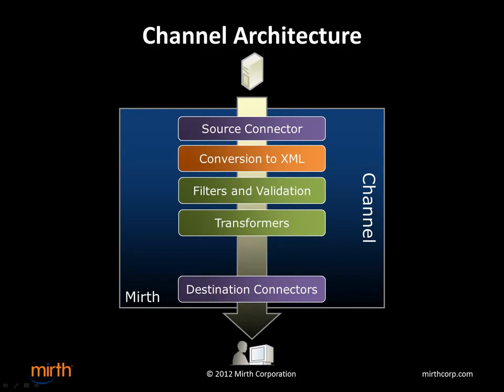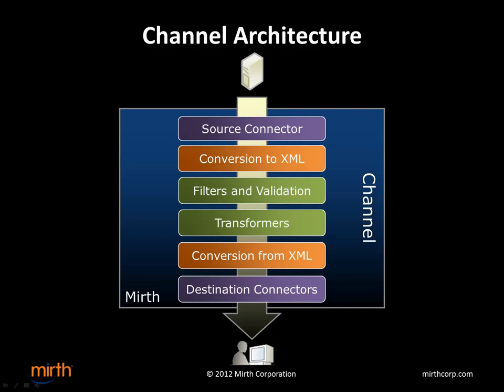A little bit more about what happens in these filters and validation steps. Once the message is received by the source connector, maybe you're receiving from a database or maybe you're receiving HL7, the message is always converted to XML. And when you're in the filter and transformer steps, you're dealing with that XML rather than directly with the HL7 structure. Once you leave the transformer steps, the conversion from XML back to the data type you specify actually takes place.